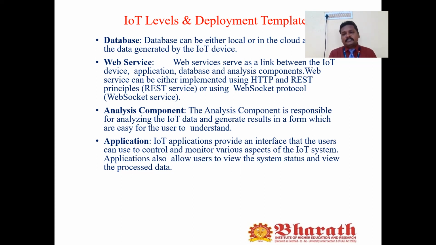In the logical design, we have different communication models: the IoT functional blocks, the IoT communication APIs, and then REST and WebSocket. So these are today's topics, covering the basics of the Internet of Things.